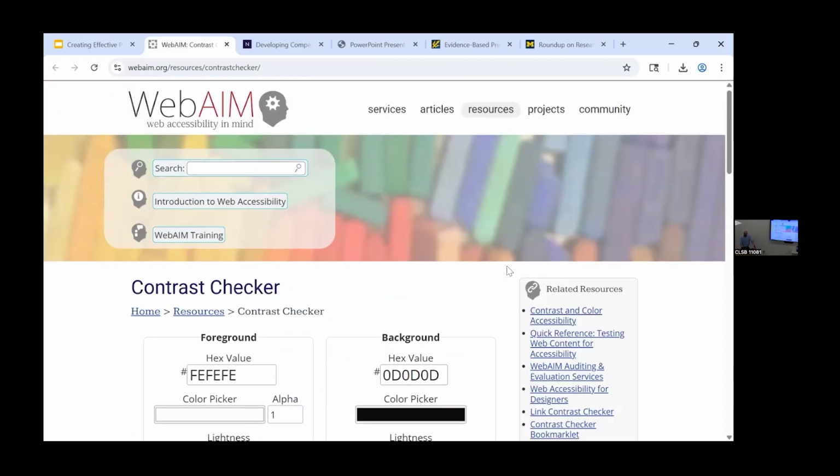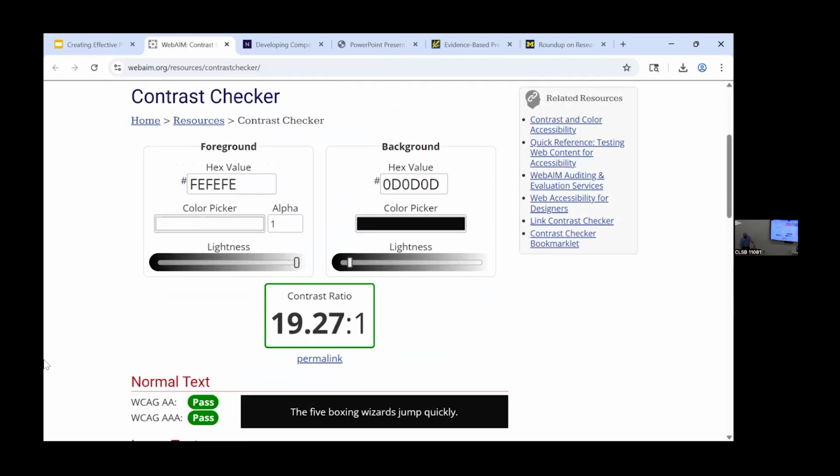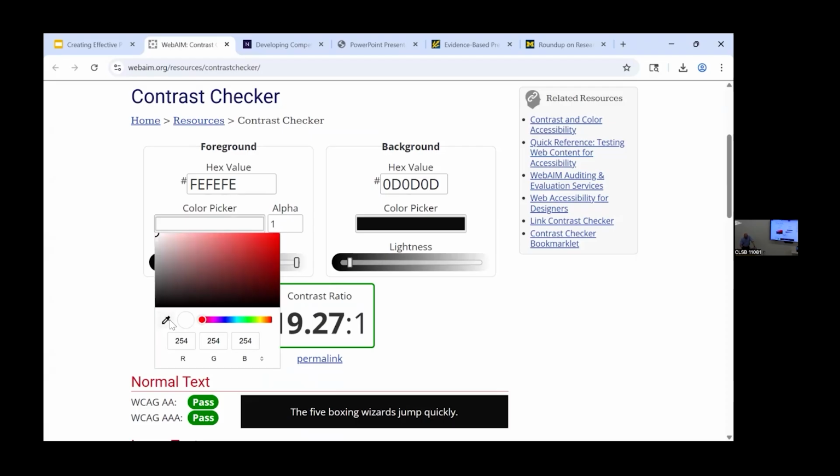But yeah, I wish I had better advice in terms of the other part of the question. We can check. So this says 19.27. There's going to be a little bit of error because I'm doing this just by hand, but using the hex codes and just switching it up.